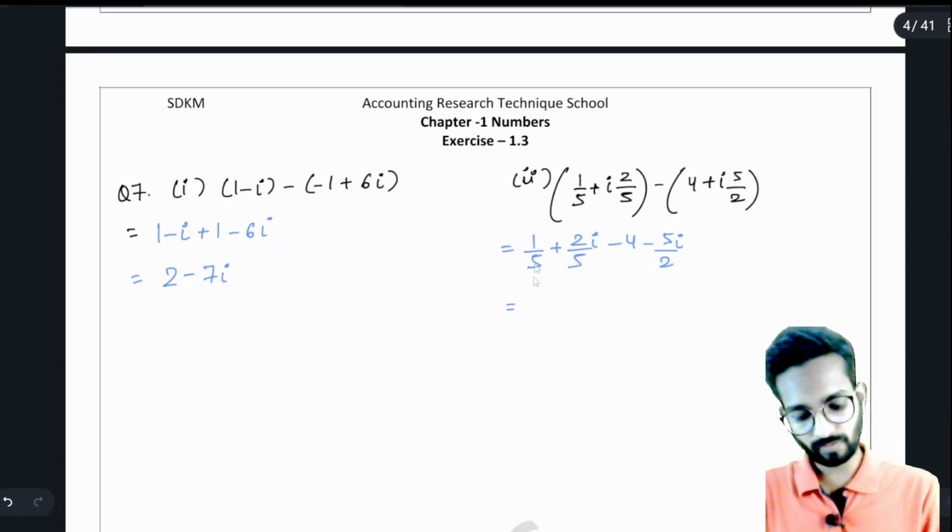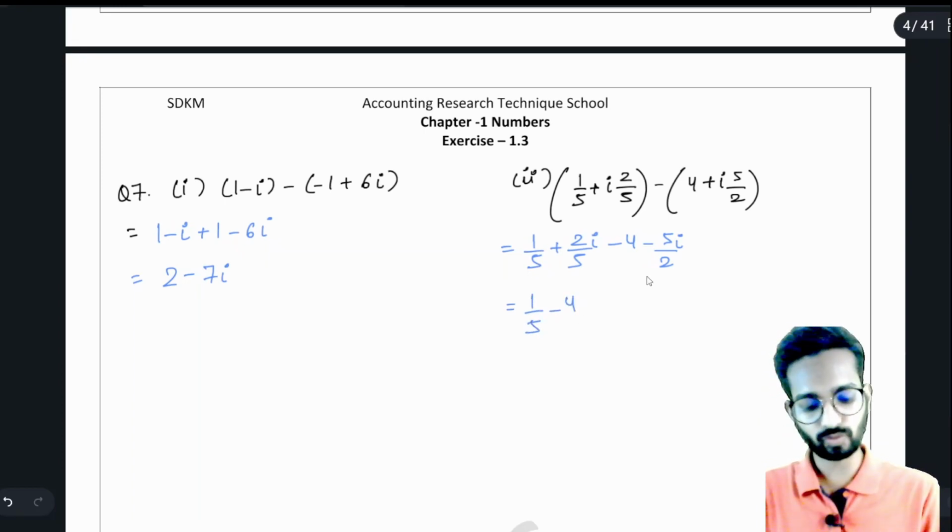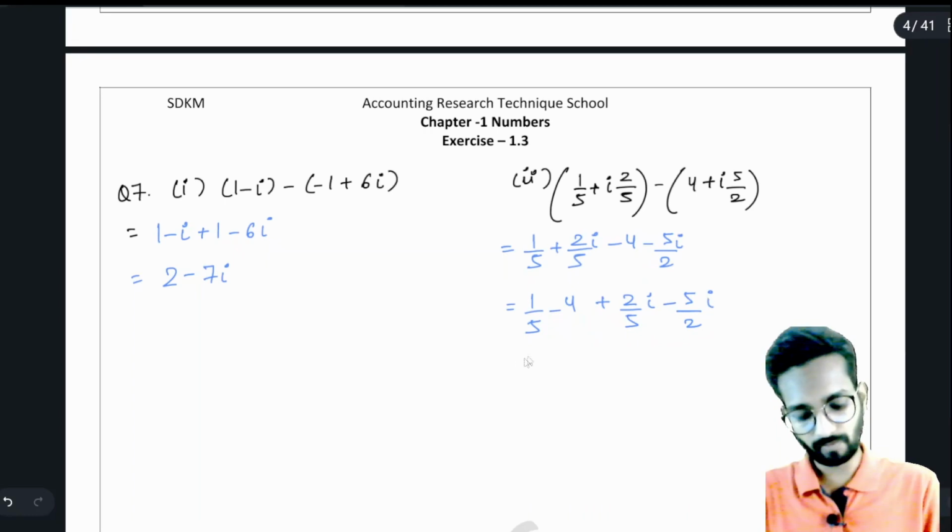Okay. So 1 by 5 minus 4, what will we say? We will bring the like terms together, plus 2 by 5 i and minus 5 by 2 i. Solving this, 1 by 5 minus 4 will become 1 minus 20 by 5, plus taking LCM of this, it will become 10: 5 2s are 10, 2 2s are 4i, minus 2 5s are 10, 5 5s are 25i.